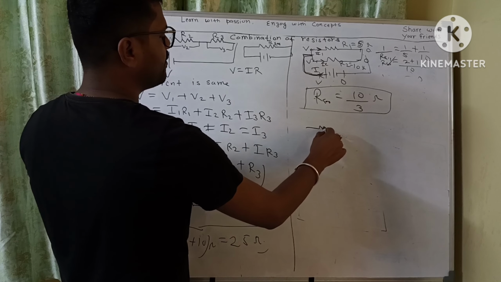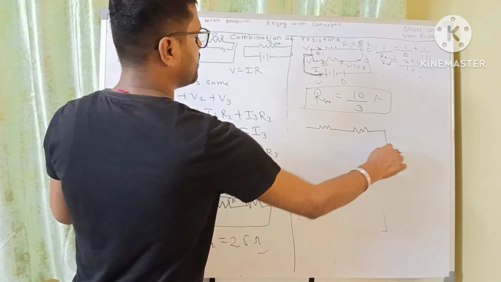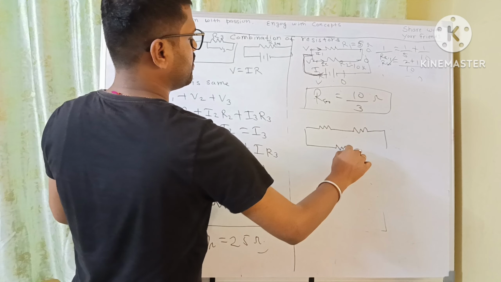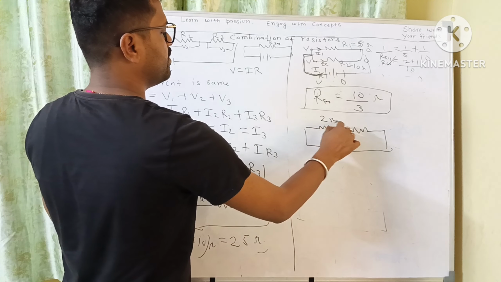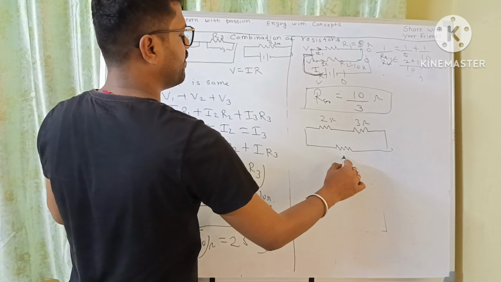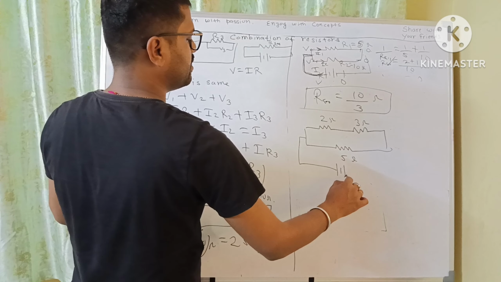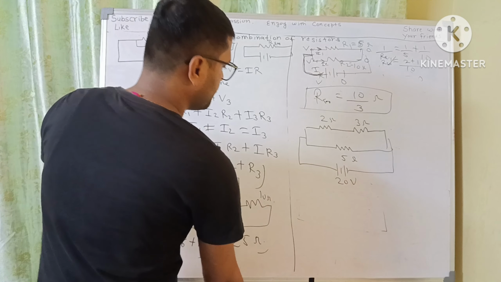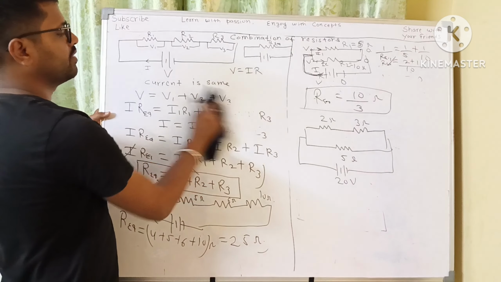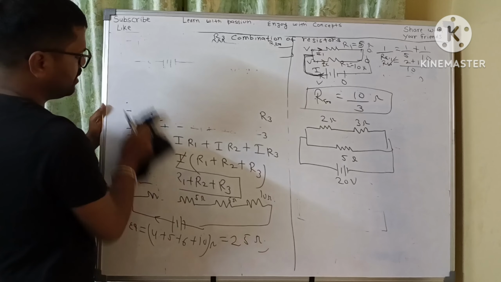Suppose any question, I can frame many questions based on this. Suppose we have this question. This is 2 ohm, 3 ohm and 5 ohm. Suppose there is a voltage potential difference of 20 volt. Now how to solve this question? You can try to solve this question.